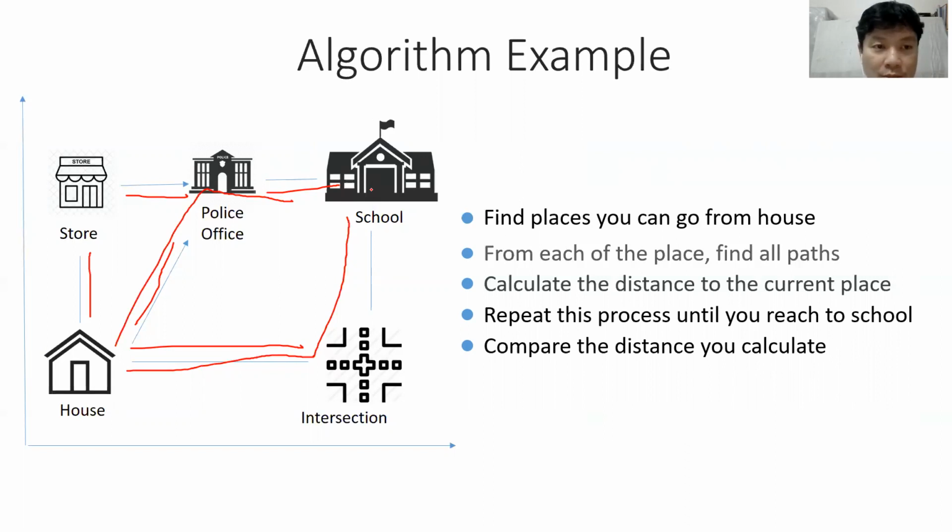In this case, the problem is to find the shortest path. In order to find the shortest path, you need to compare. When you have the origin and the destination, you can compare the distance from one location to another location.